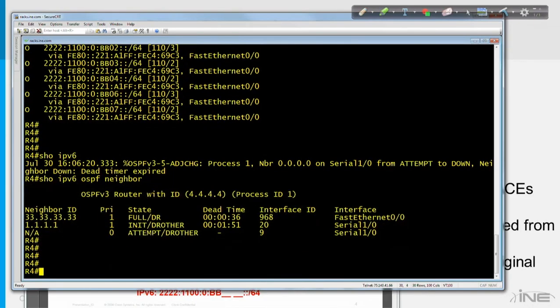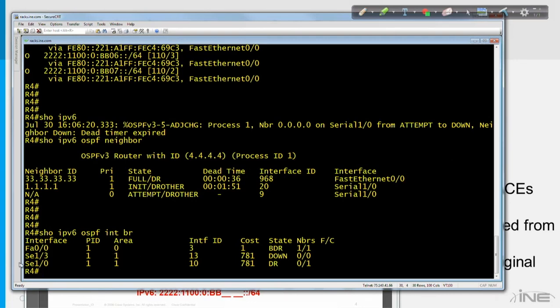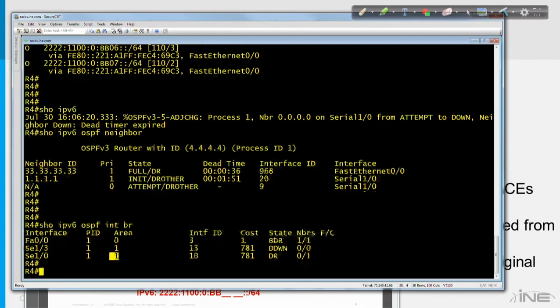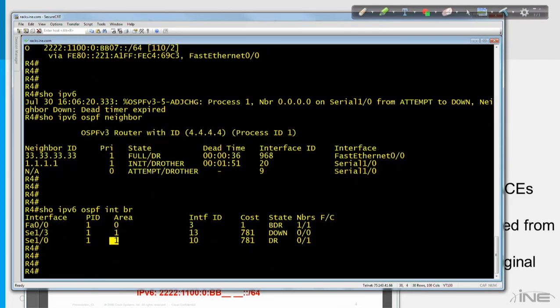Okay, so let's check. Is that interface actually configured to be included in OSPF? Show IPv6 OSPF interface brief. Yes, it is. Make sure it's in the right area because the areas have to match between the routers. Okay, so that's not the problem. Let's see if there are any access lists on that interface that might prevent OSPF from dialoguing back and forth.